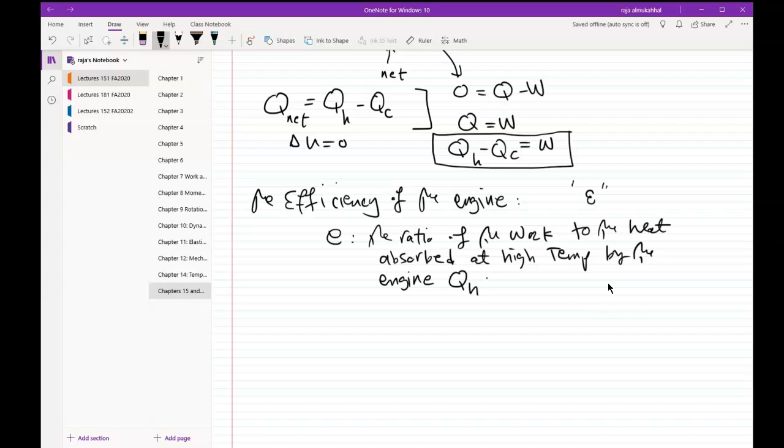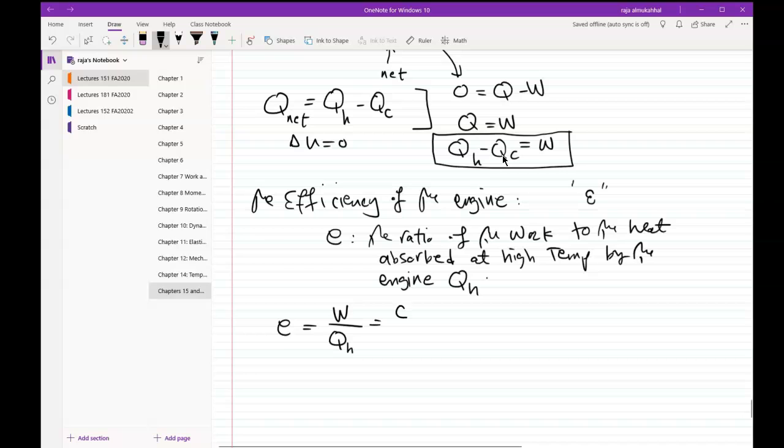So efficiency is equal to the work divided by QH. Now, we just said that the work is equal to the net heat, which is the difference between the heat absorbed minus heat expelled. So I can plug it in there.